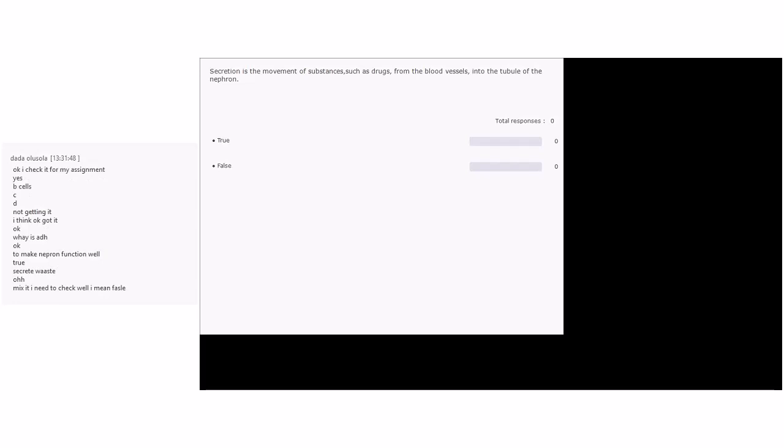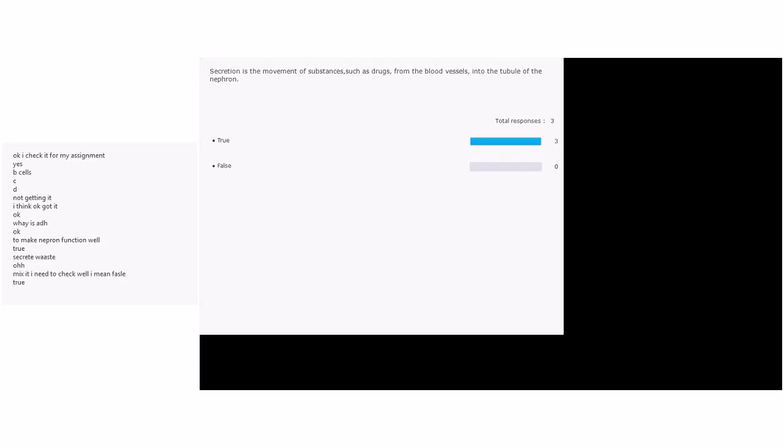True or false? Most of you picked true, and that is correct.